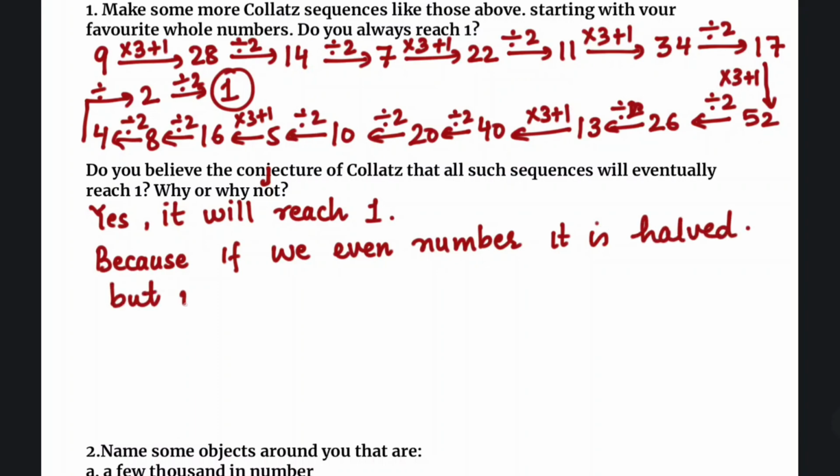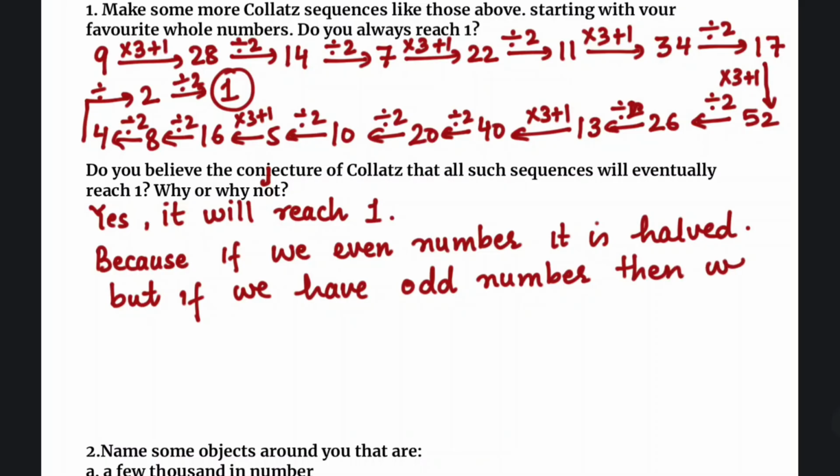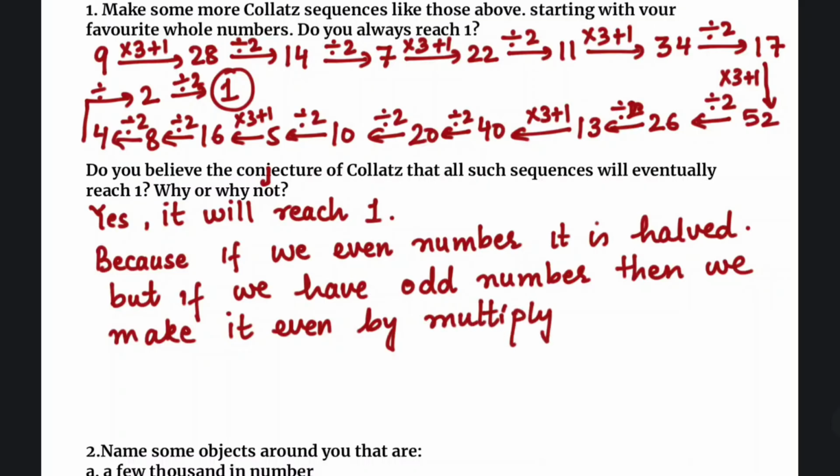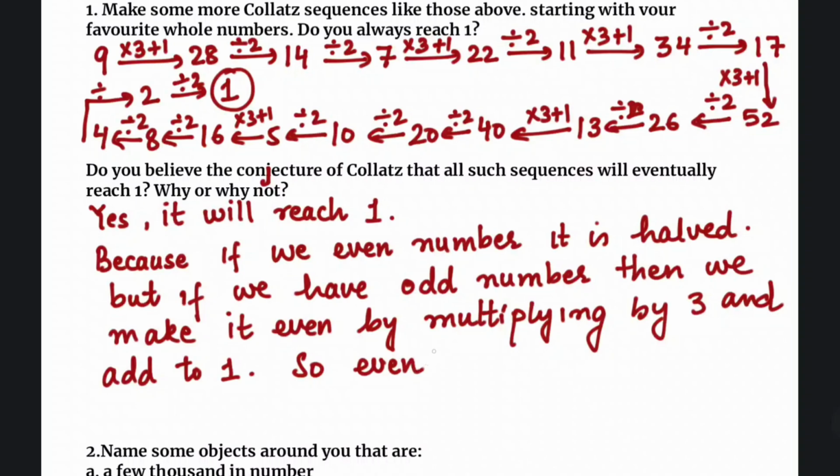But if we have an odd number, then we make it even by multiplying by 3 and adding 1 to it. So eventually we reach 1.